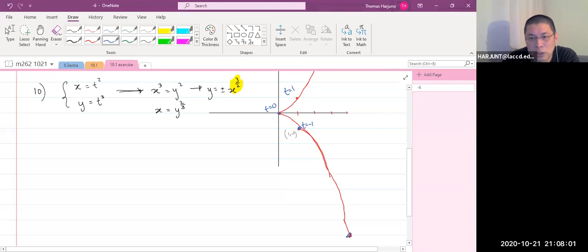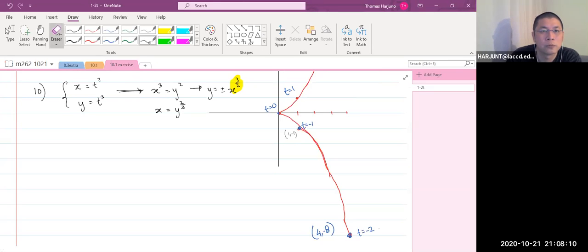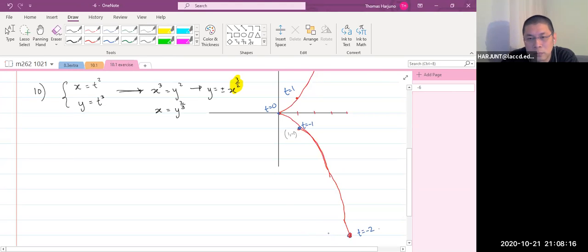So this is the coordinate (4, -8). That is when t equals -2. Okay, so the direction of the curve will be going this way.